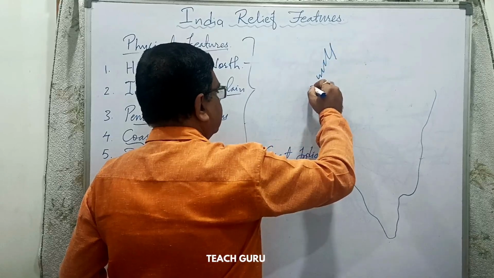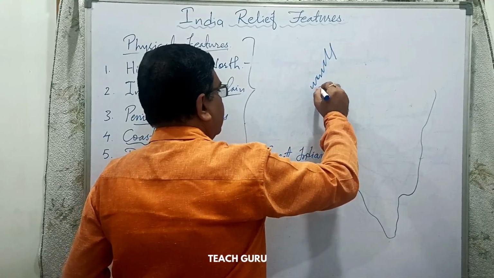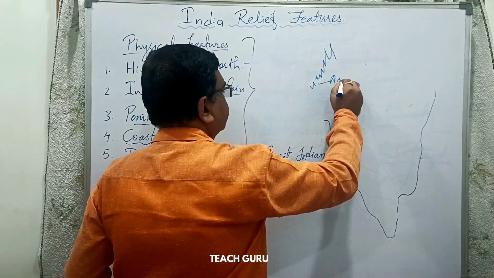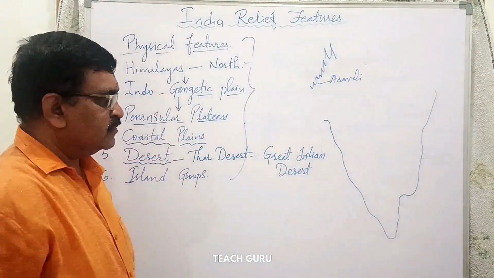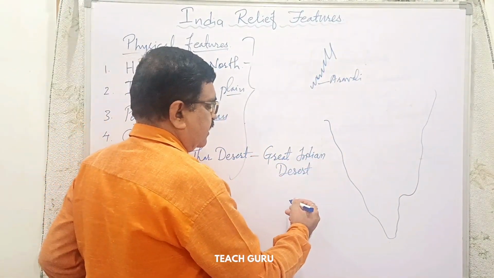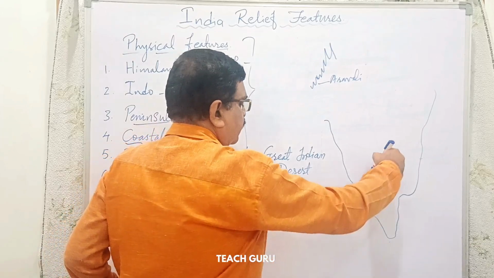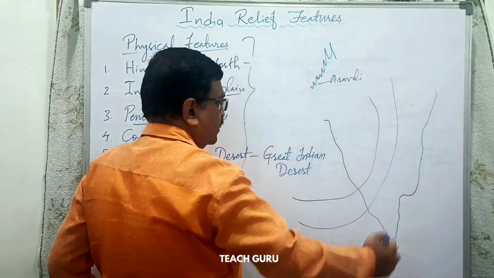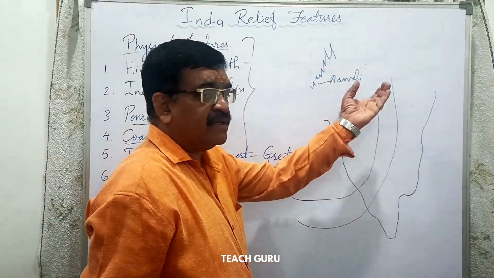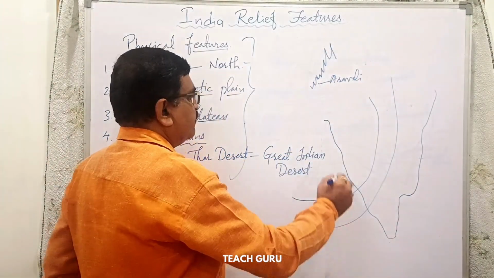Here is the state of Rajasthan, and this is the Aravalli range. Now when monsoons will enter our India and will flow unhinderedly towards the north, without any obstacle, at that time what will happen?